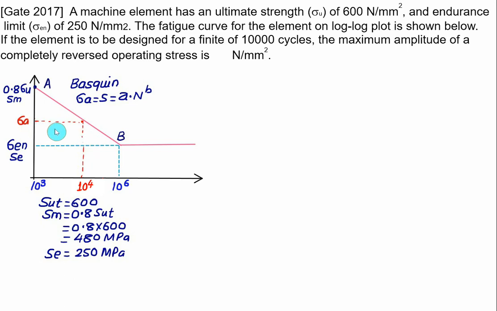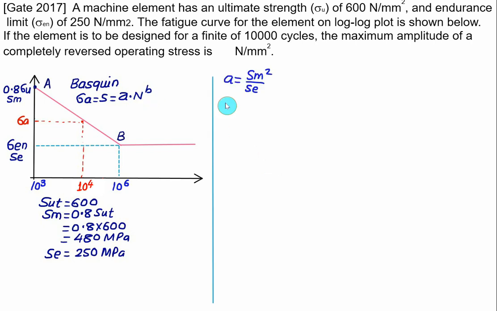For this we have to find out the values of A and b. The constant A is given as SM square by SE. This time we can substitute SM equal to 480 and take its square, divided by the endurance strength equal to 250. So we get the constant A close to 921.6.